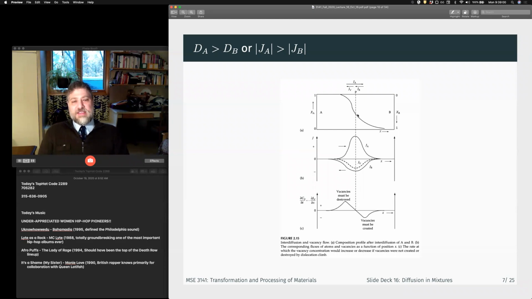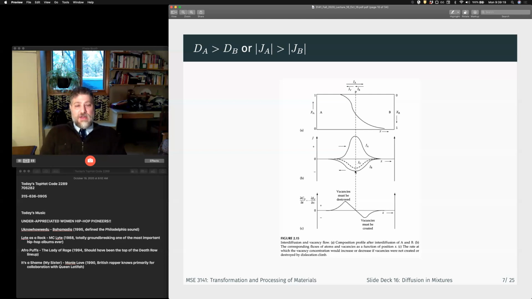It's not that nice sigmoidal shape that you get from the error function solution to Fick's laws. So this is the composition that develops across our diffusion couple.